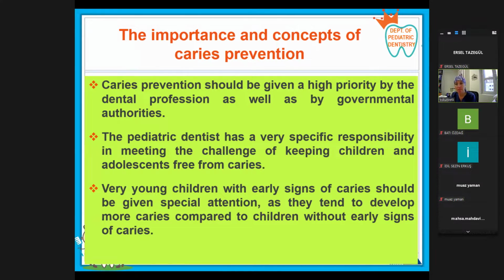We monitor them very often, and we see them more in 1 year, for example, three times, 4 times a year, and then we try to prevent these dental caries from proceeding, to get larger or to get severe.